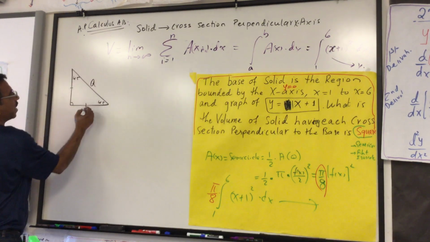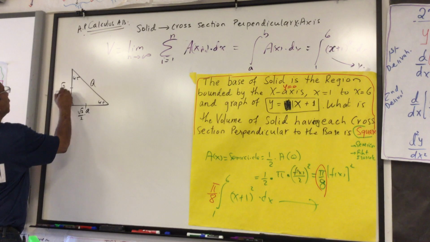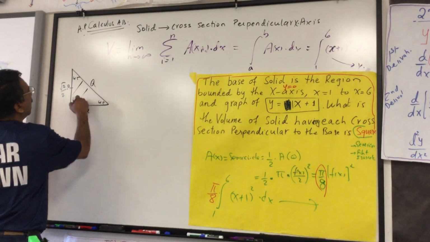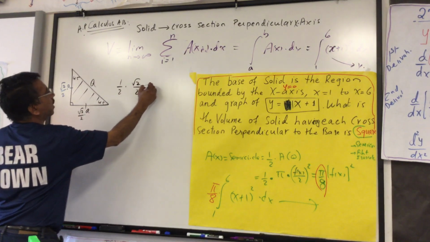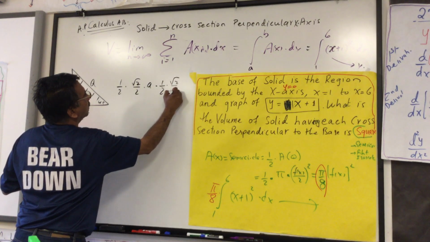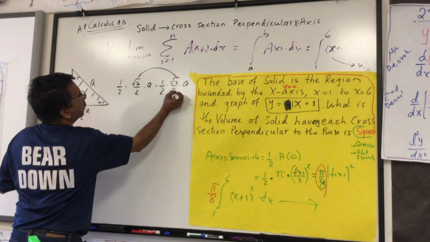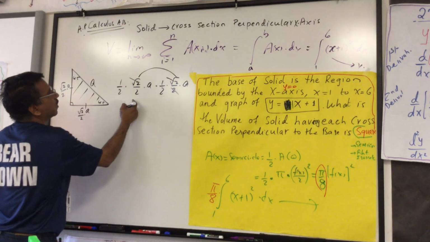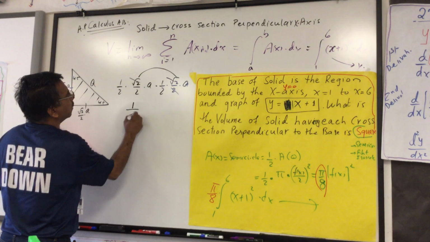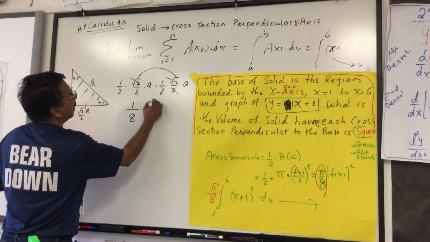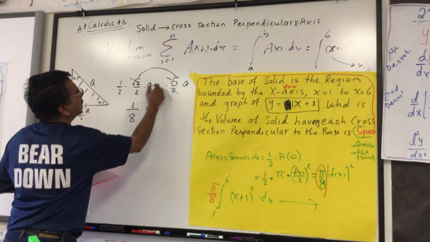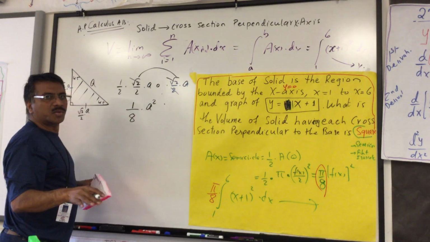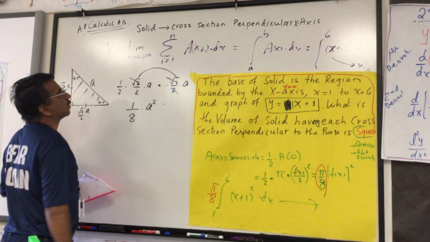This is the hypotenuse A, and each side is root 2 over 2 times A. The area is half base times height, which is half of root 2 over 2 times A times root 2 over 2 times A. The root 2s cancel with the two, and what is left over is 1/8 of A squared. I'm doing it a little fast because I have a class coming in just 2 minutes.